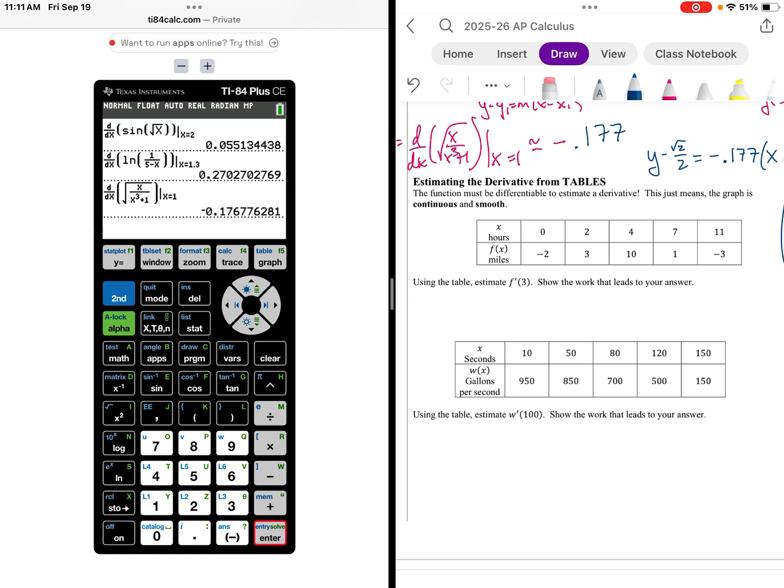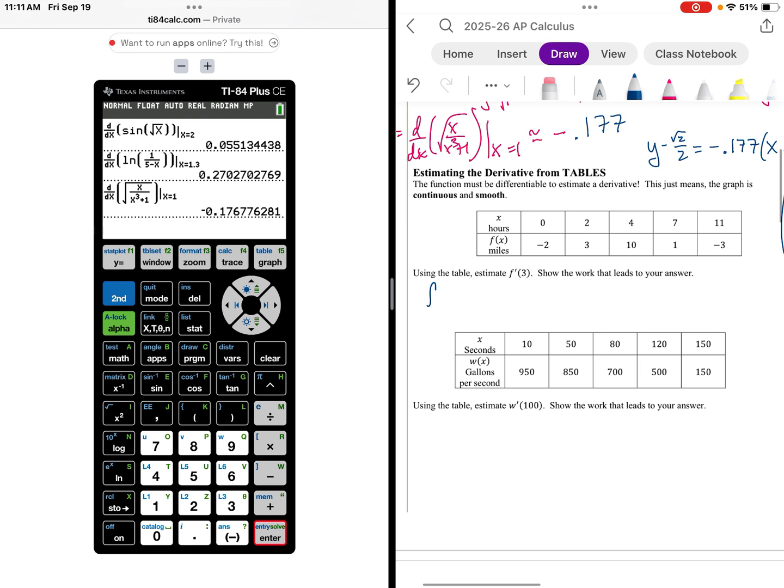They're saying use the table, estimate what f prime of 3 would be, and show your work. Well, we know that roughly the average rate of change would be what f prime of 3 would be. So f prime of 3 is going to be approximately f of 4 minus f of 2 over 4 minus 2.